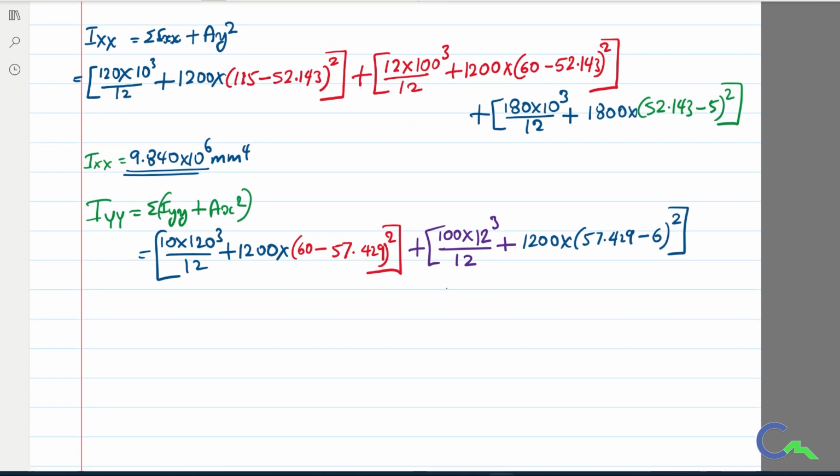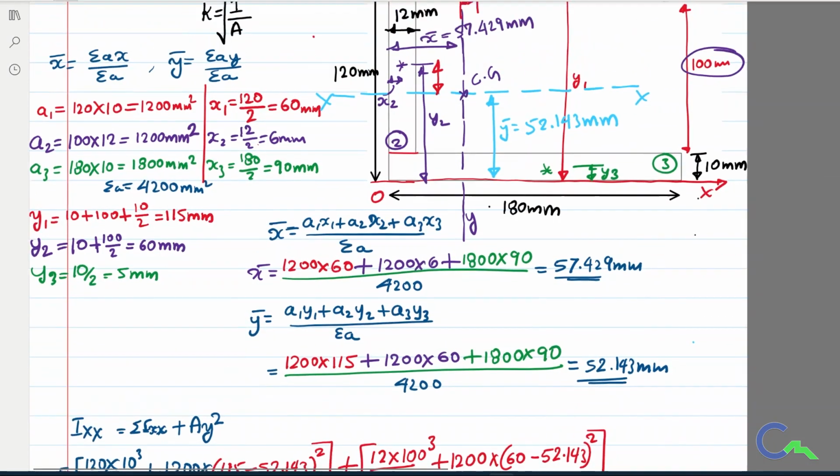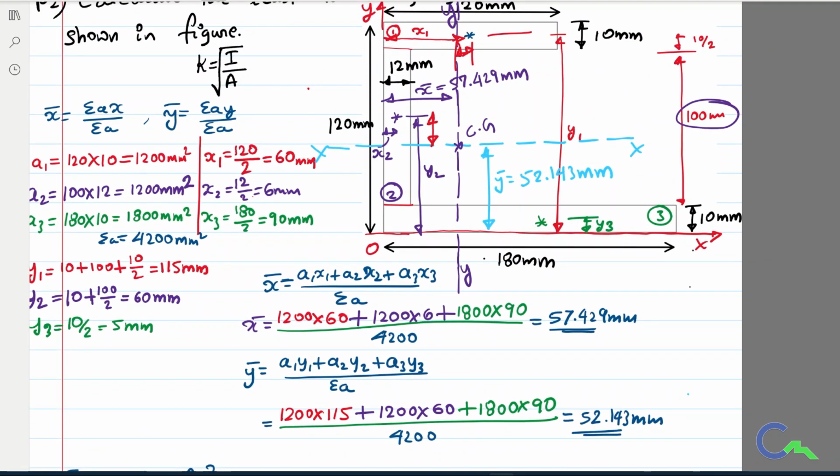If I go to the third component, the b value is 180, so it is d b cube by 12, therefore 10 into 180 cube divided by 12, area is 1800. Now I want the distance from the centroid of the third figure to the YY reference axis.